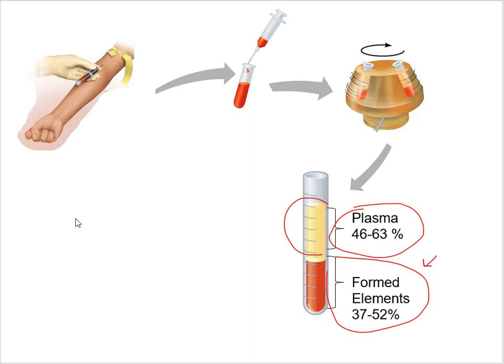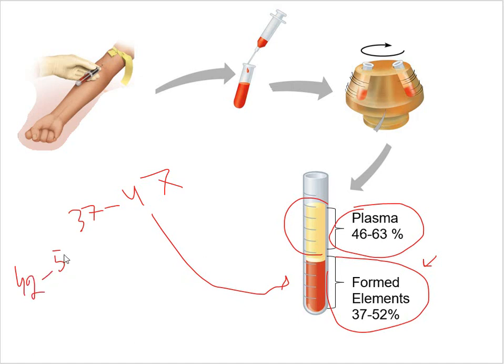Now, if you look at the male-female differences, females have 37 to 47% formed element. So that formed element in the case of female is going to be 37 to 47. In the case of male it is going to be 42 to 52. So it ranges.